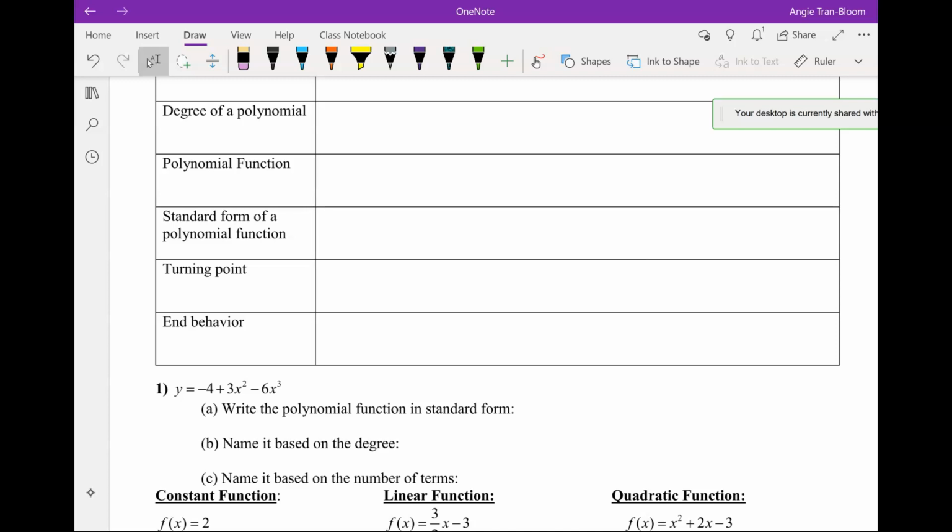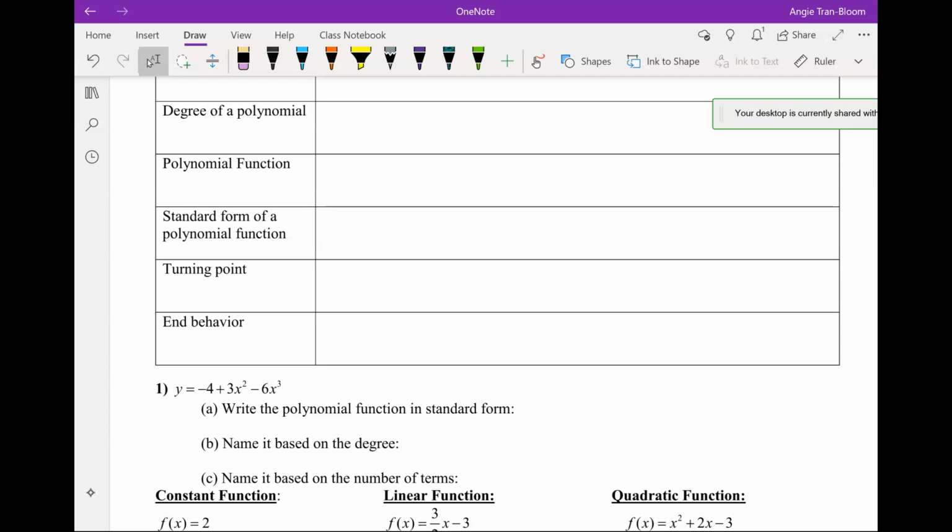Powers. Okay. So polynomial, meaning that you're going to have many terms. And the word function, the difference between a function and an expression is that a function has an equal sign, it's an equation. And the degree of that has to be integers, okay?